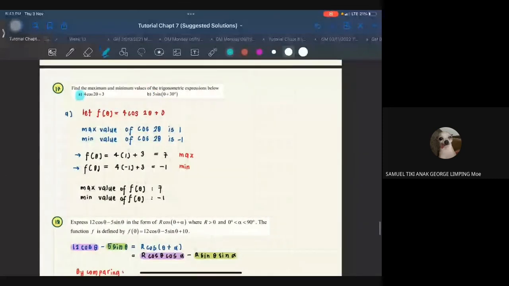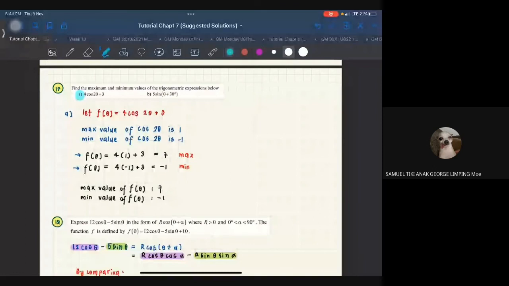Okay, so dia minta awak cari. Okay, yang tadi saya tunjuk kat awak tu ada tambah tolak dengan apa-apa pun. Okay, tapi now you have 4 in front of the cos and then you have plus 3 at the back of the cos.